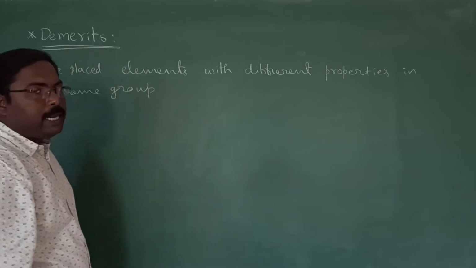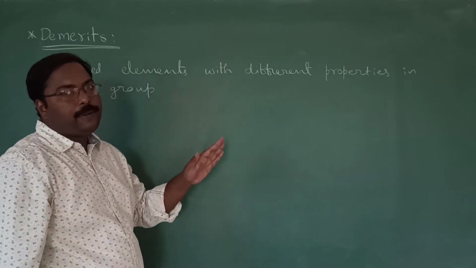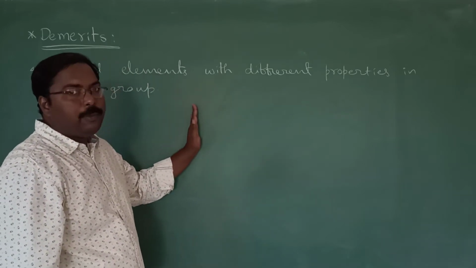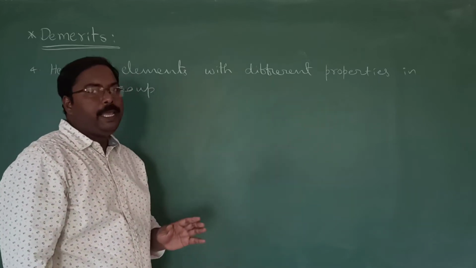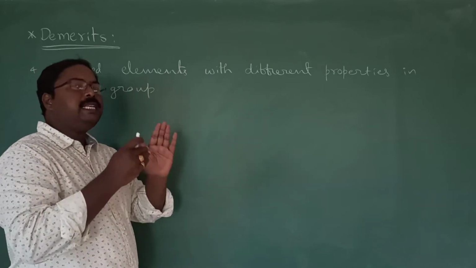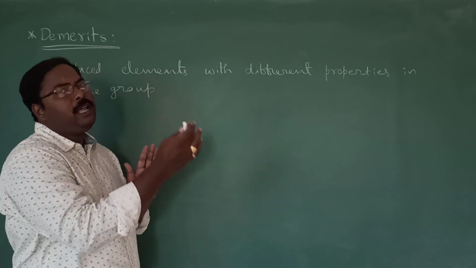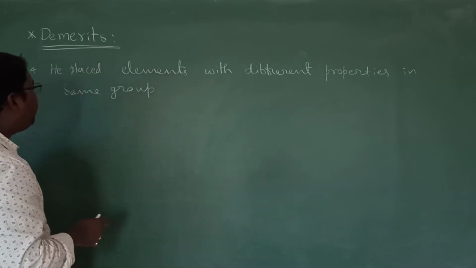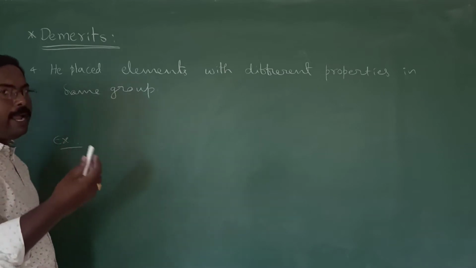Okay? Generally a group means what? It is a vertical column. We know he classified up to 7 groups into 2 groups, group A as well as group B. But in many of the cases there is no similarity between the properties of group A and group B. For example, you see he placed coinage metals.